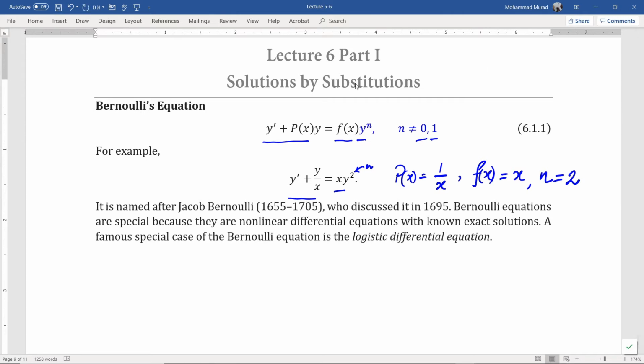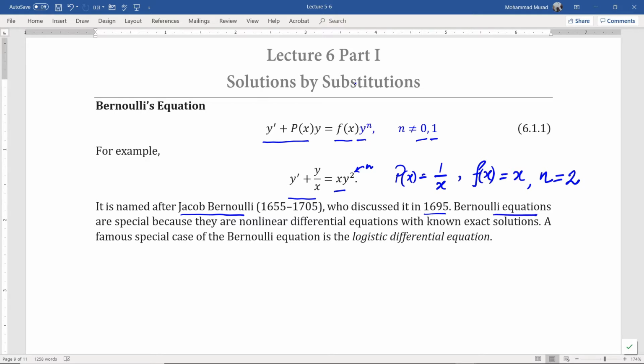The equation is named after Jacob Bernoulli, who lived from 1655 to 1705, a famous Swiss mathematician from the famous Bernoulli family, who discussed it in 1695.